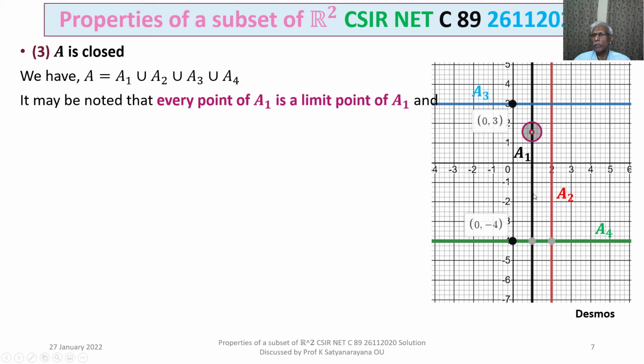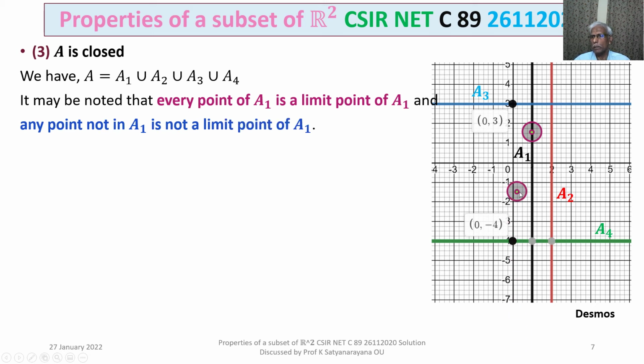But if you take a point not on A1, you can always draw a circular neighborhood in such a fashion that it has nothing in common with the points of A1. So, any point not in A1 is not a limit point.